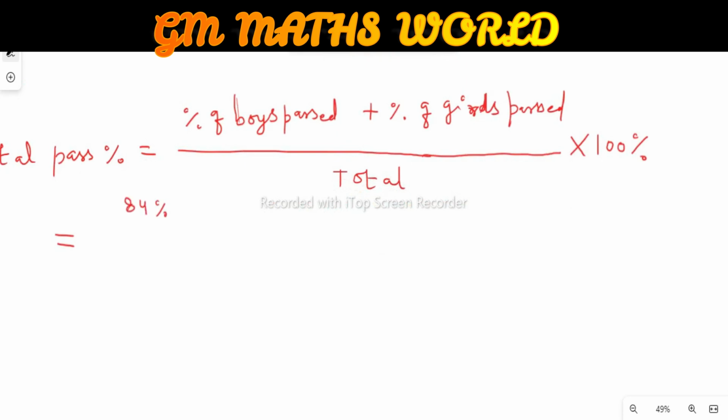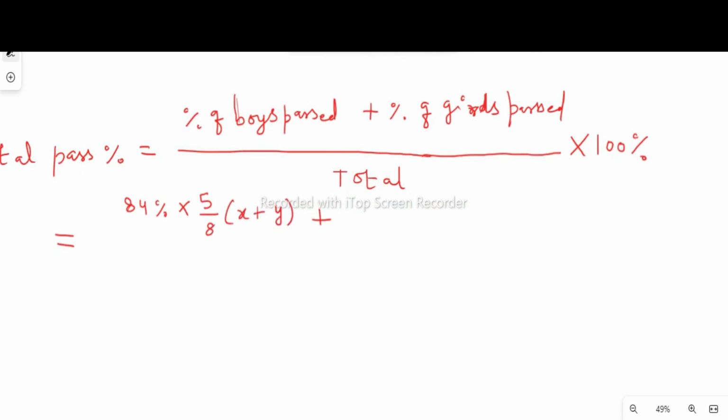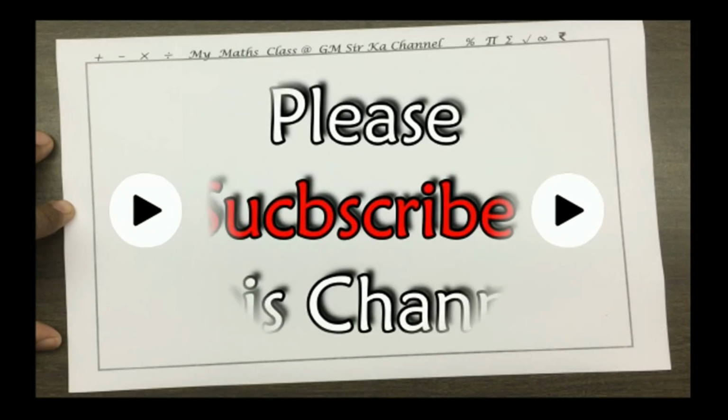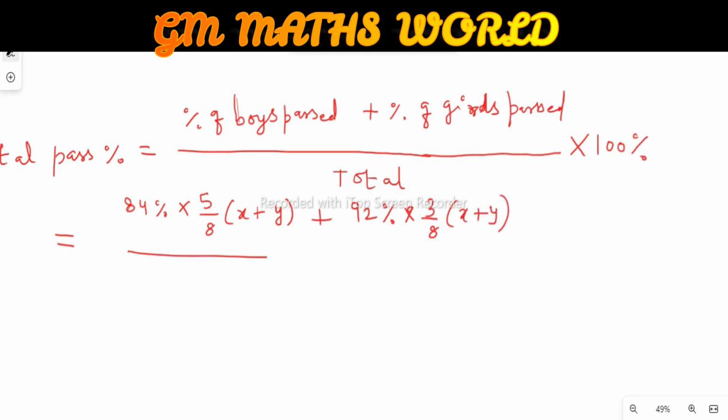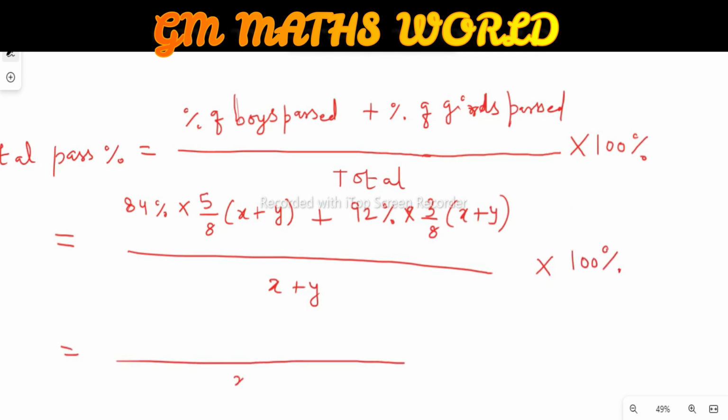The 84% of boys, that means we have already the part of boys 5 by 8 of x plus y. So percentage of boys passed is 84% of 5 by 8 into x plus y, plus pass percentage of girls, which is 92% of 3 by 8 of x plus y, and the whole divided by the total, which is x plus y into 100%.